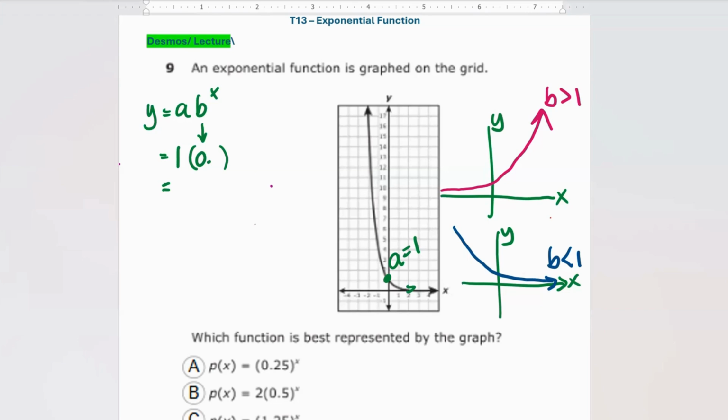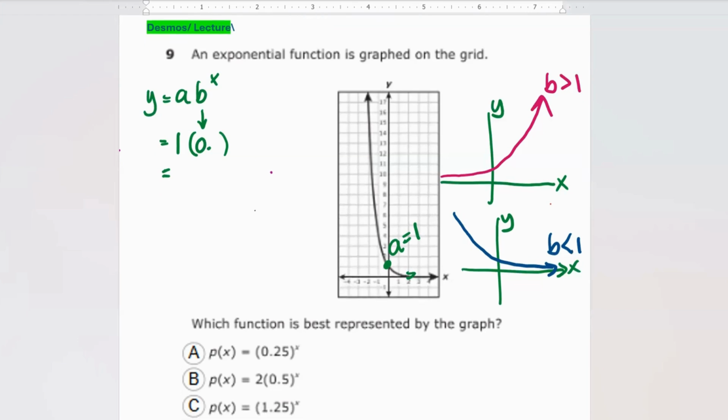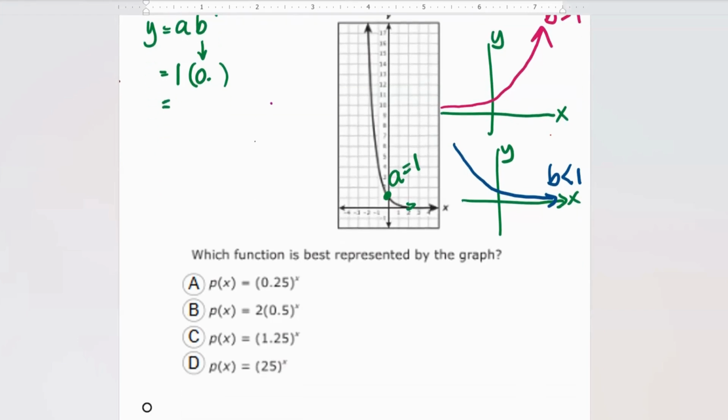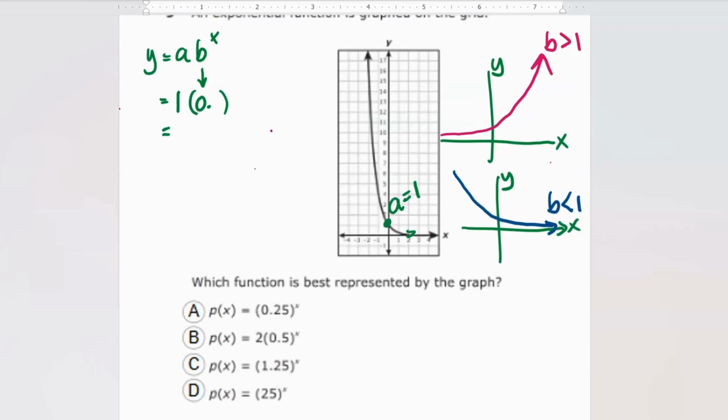So let's look at the choices here. Like I said, it's 0 point something raised to x, not 1 point something. So I'm going to eliminate letter C because this is 1.5. Eliminate letter D, this is 25.